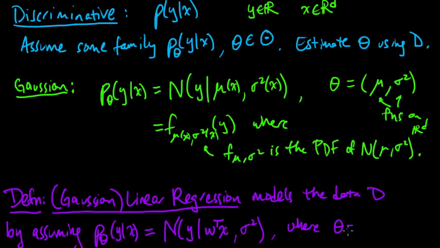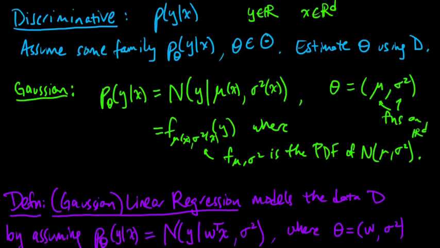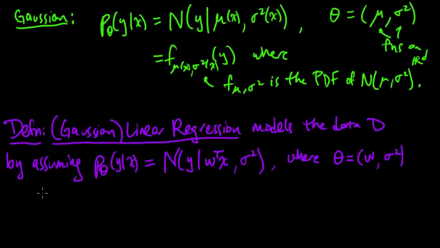Well, in this case, we can just write theta as a vector w and this number sigma squared, and w here is a point in Rd, because it's the inner product with x, and sigma squared is just some positive number. Okay, that's it. So that's Gaussian linear regression.